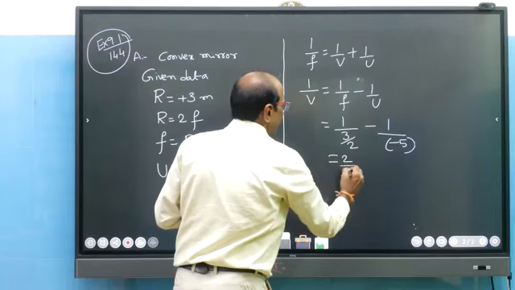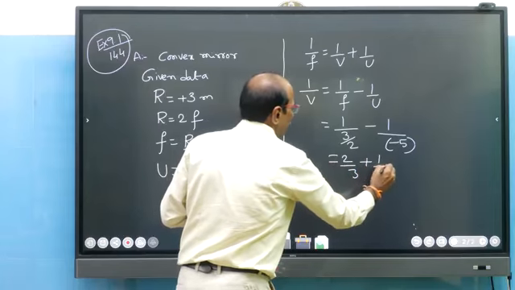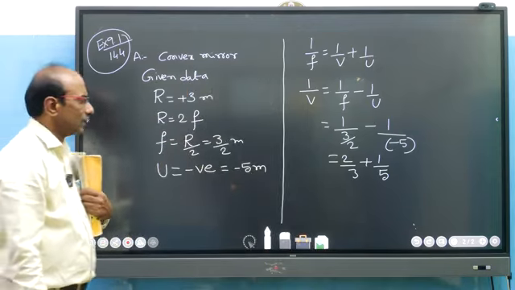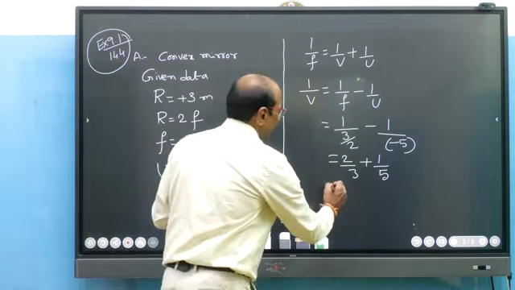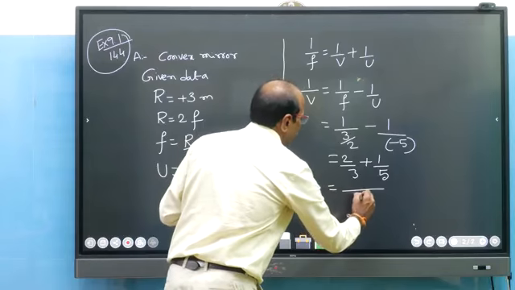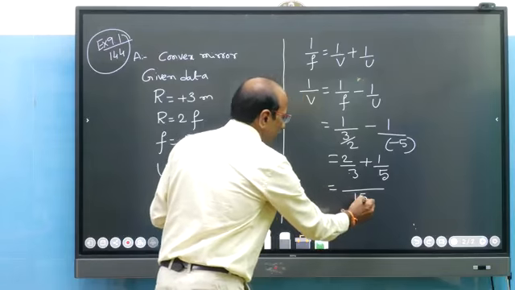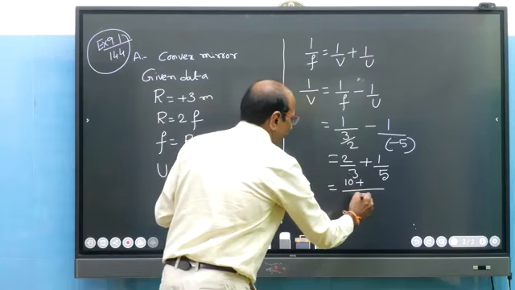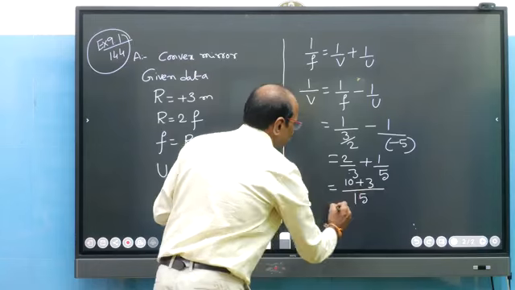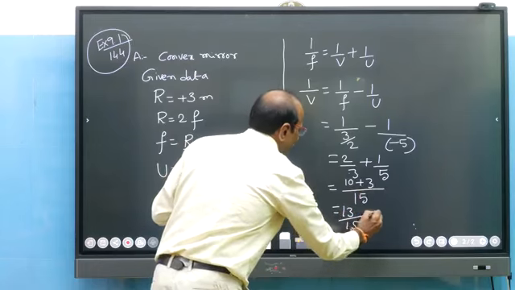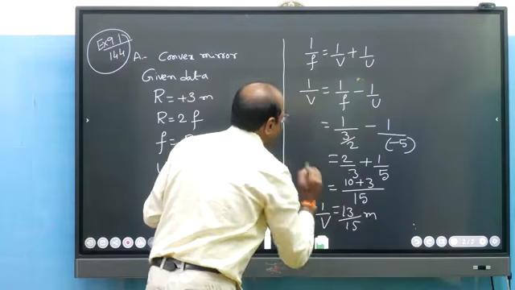So 2/3 plus 1/5. We have to find the LCM for 3 and 5, which is 15. So 5 into 2 is 10 plus 3 into 1 is 3, so 13 by 15 meter equals 1/V.